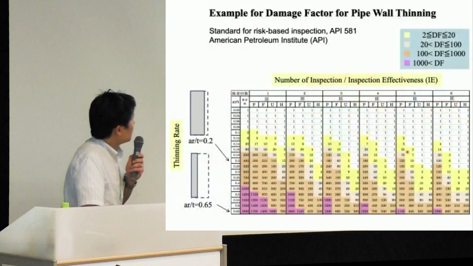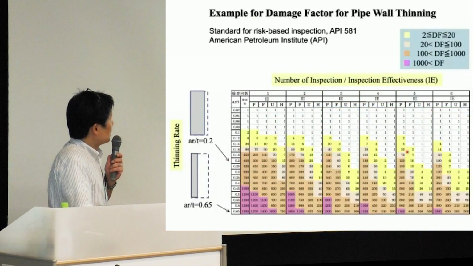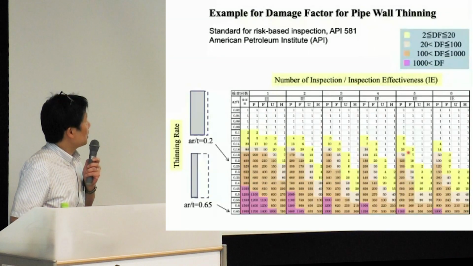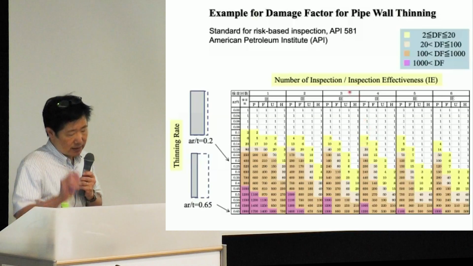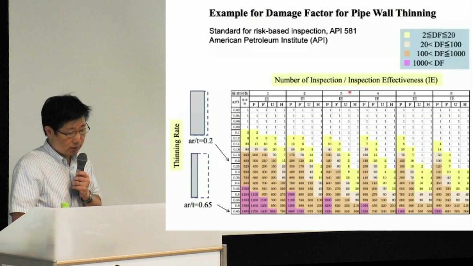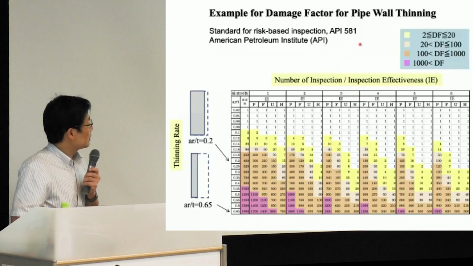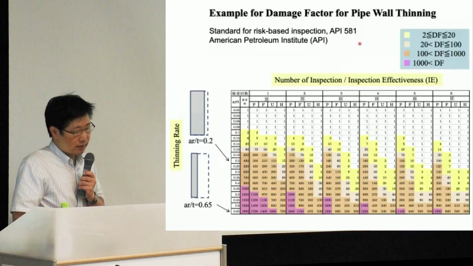So there is a standard for risk inspection proposed by the American Petroleum Institute, API. And the API proposed a standard, API 581, for the first time in the world.